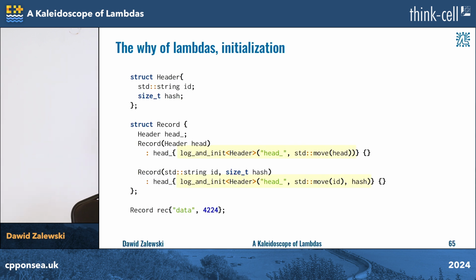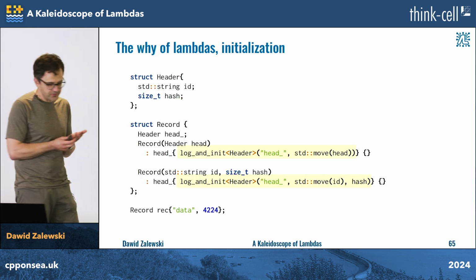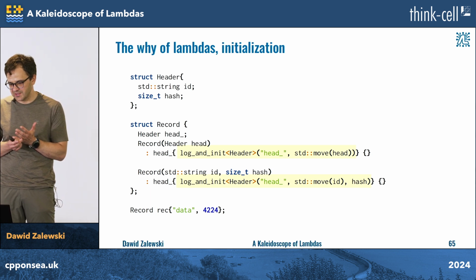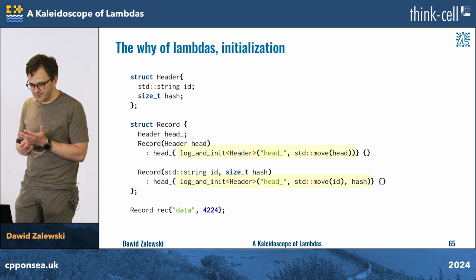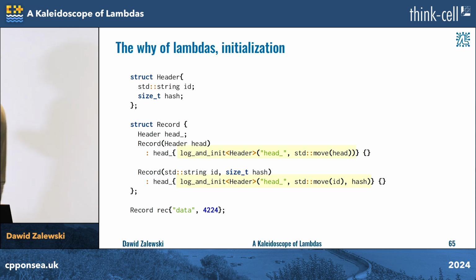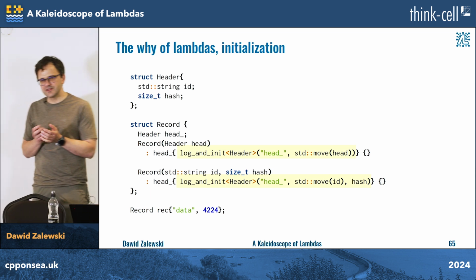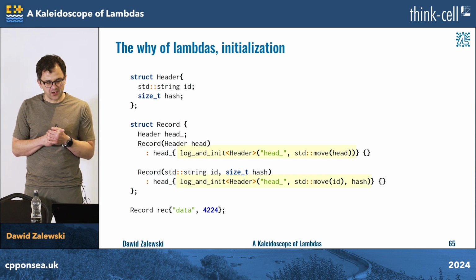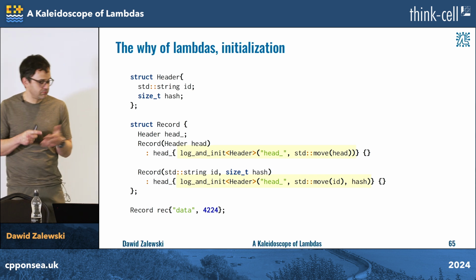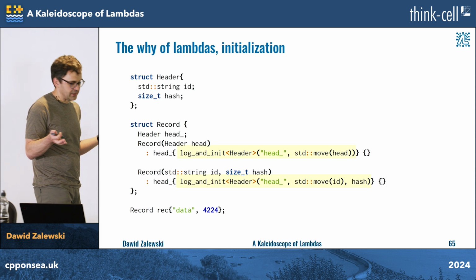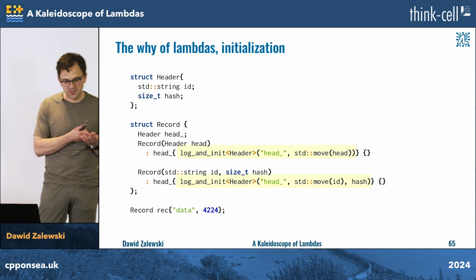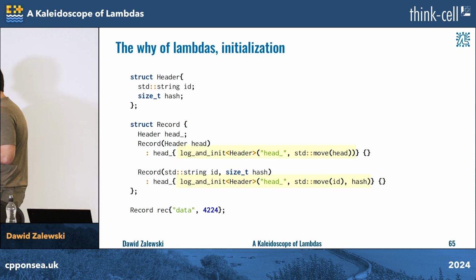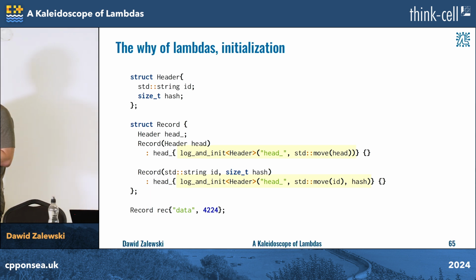When it comes to initialization, you can also do any other marvelous things with lambdas. This should belong to the last part of my talk, but it's here. Lambdas became so flexible nowadays that you can basically put any functionality you want into them. For example, you can do some logging during the initialization, in such a way that it's transparent to the object being constructed.